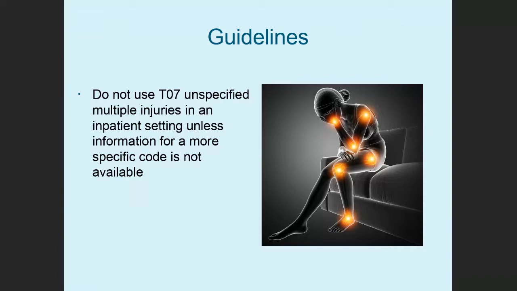So let's look at some guidelines for coding injuries. Now the guidelines state, do not use T07, unspecified multiple injuries, in an inpatient setting unless that's all you've got and there's no more information available. So in most cases, you're going to code for all of the possible injuries. You don't want to use T07 because that doesn't really give enough information.